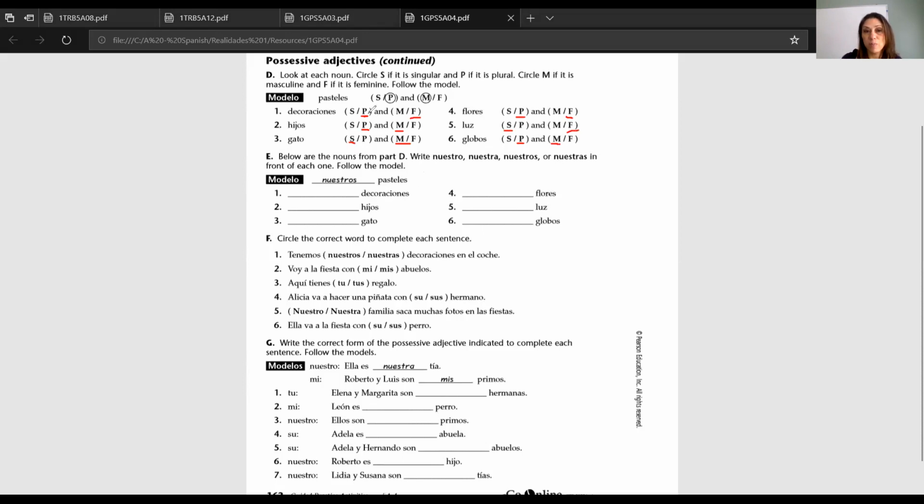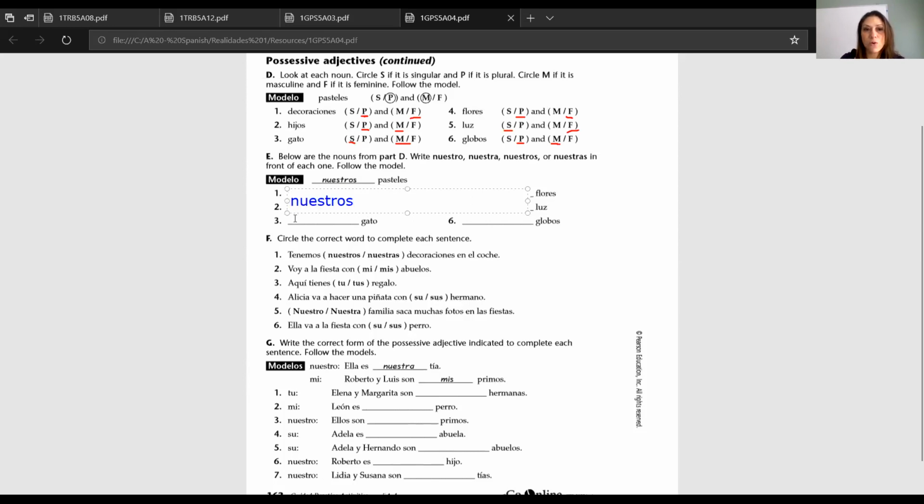Okay, so then down here, we have to look. Decoraciones is plural and feminine, so it's got to be nuestras decoraciones. The next one: nuestros hijos, masculine and plural.